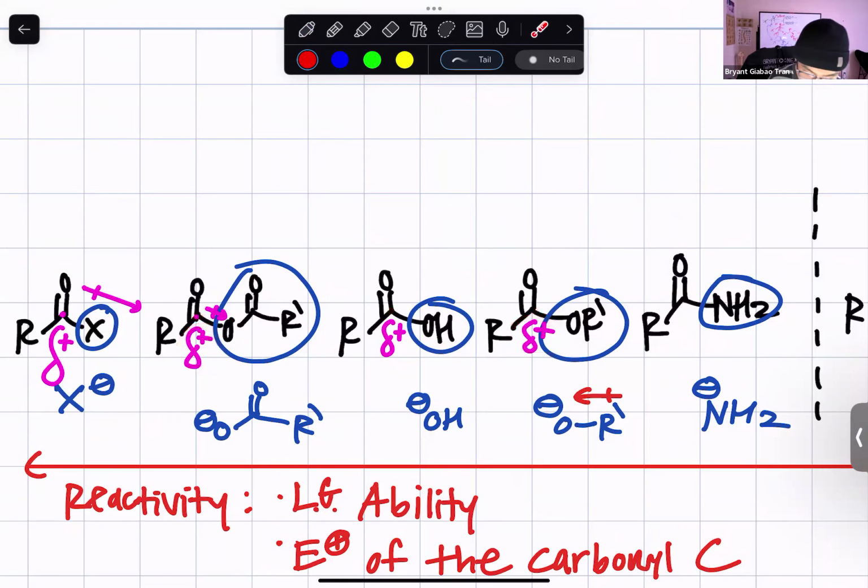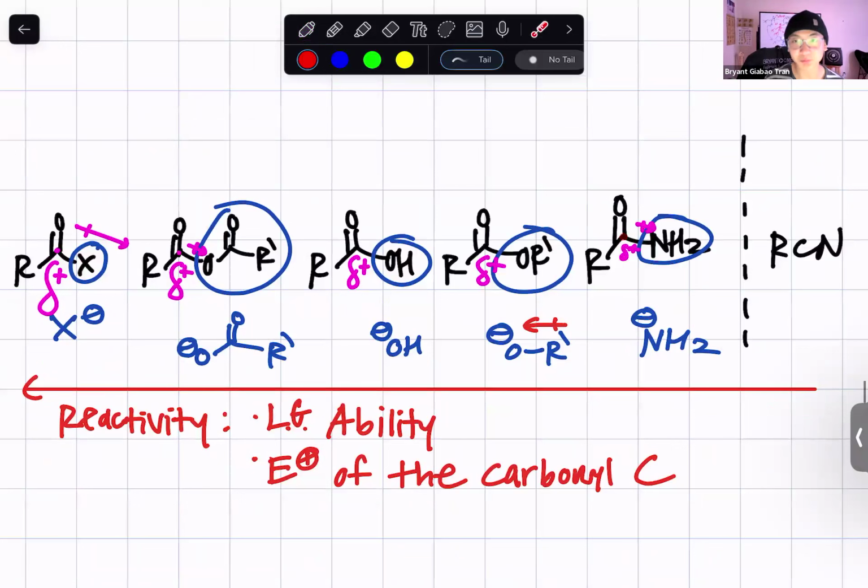But nitrogen here, since it's the least electronegative, has the weakest pull of electrons. So it's going to pull on the electrons of the carbonyl carbon the weakest, giving this carbonyl carbon the smallest partial positive charge, right? So it's probably best to just know the leaving group ability because that's the more important factor, and this list right here, right?